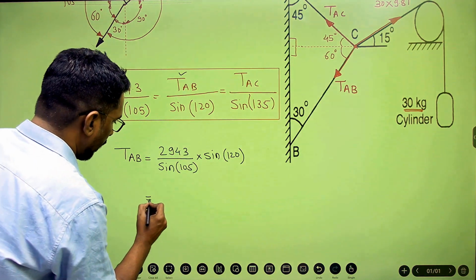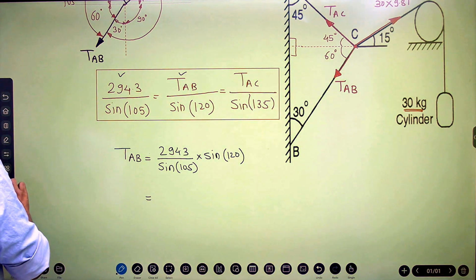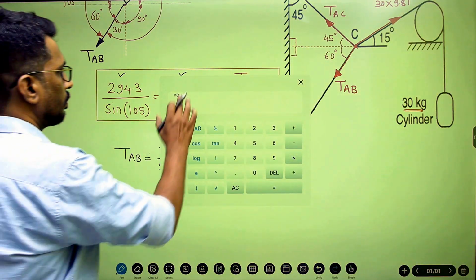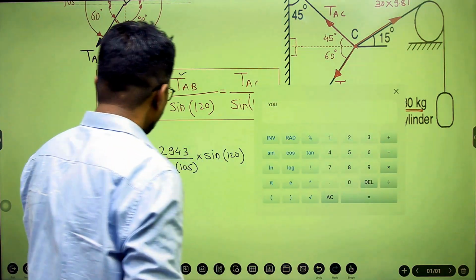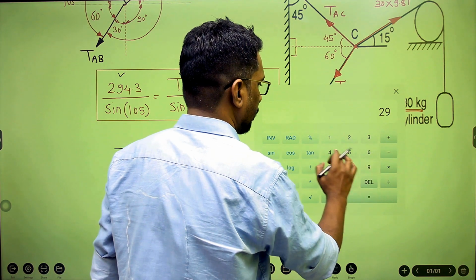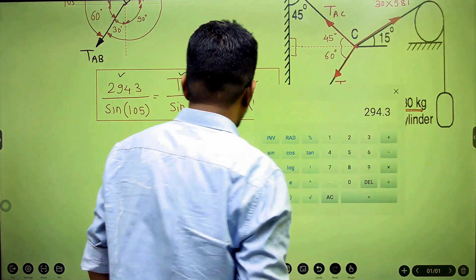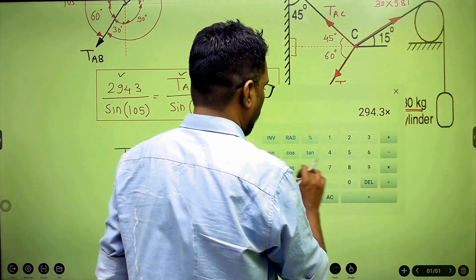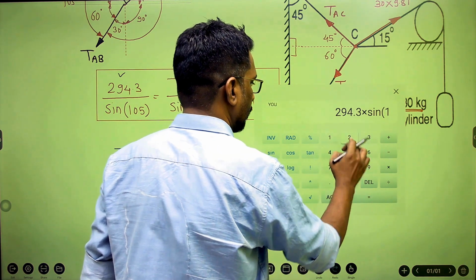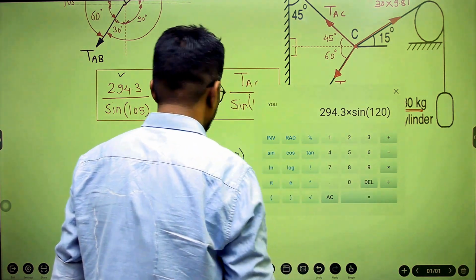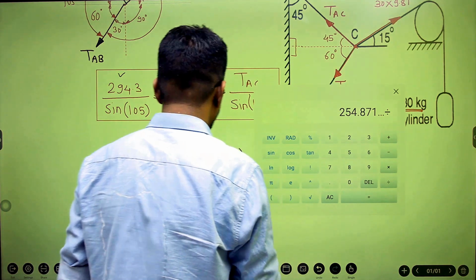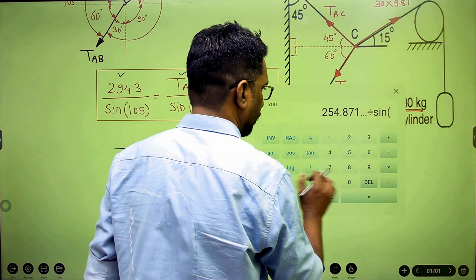So if I solve this, 294.3 into sine 120 divided by sine 105.